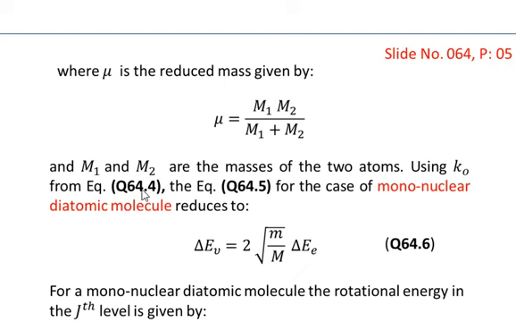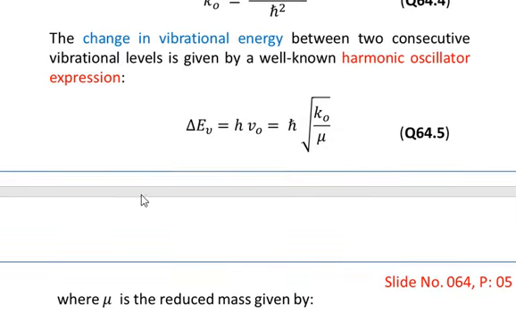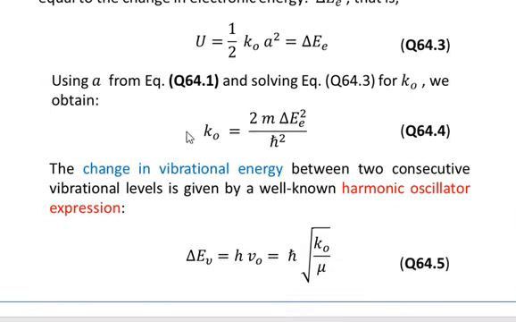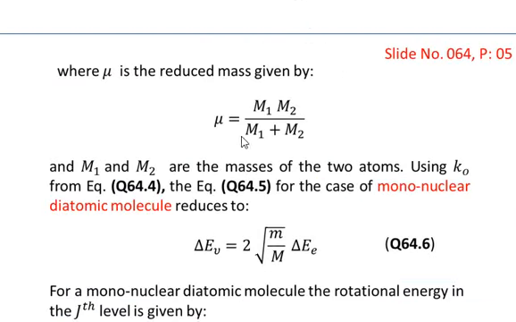Using K naught from equation number 64.4, that is from this equation, and the equation number 64.5, that is this equation, for the case of a mononuclear diatomic molecule, that is a molecule having two atoms which are identical, it reduces to the following.